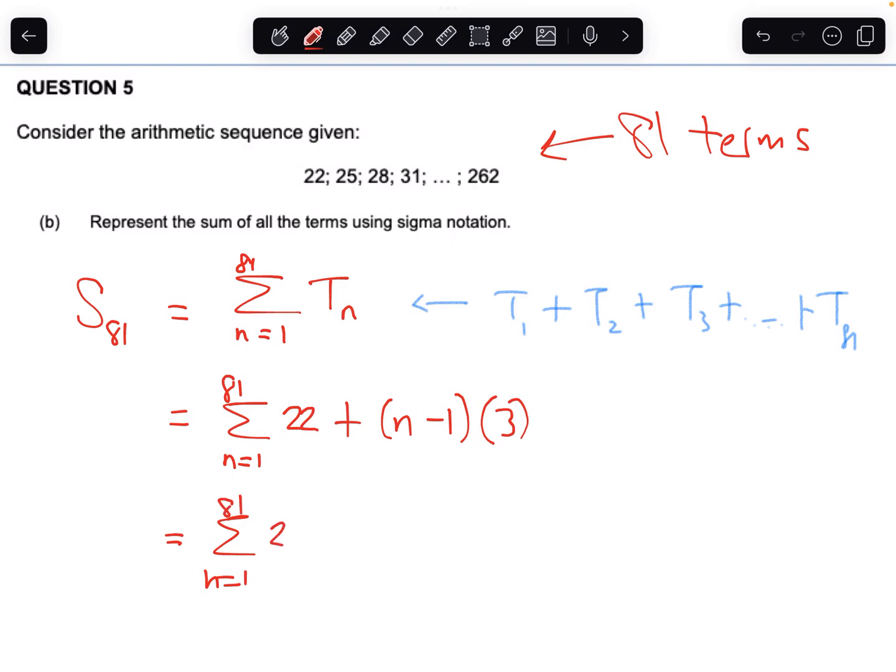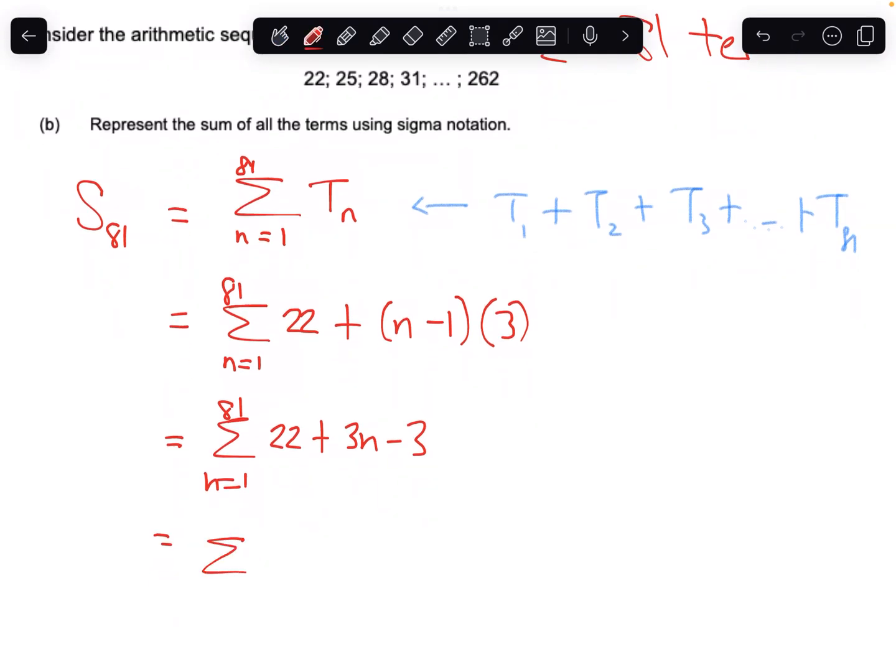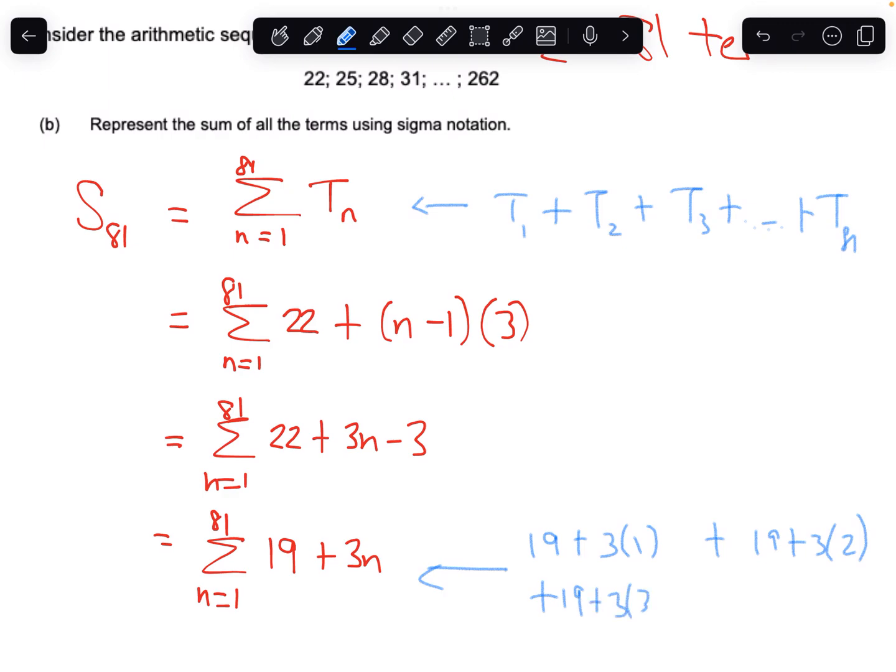That'll be 22 plus 3n minus 3, and if we simplify that even further, it will be 19 plus 3n. So what that means is the series of the first 81 terms is going to be 19 plus 3 times 1, plus 19 plus 3 times 2, plus 19 plus 3 times 3, and so it will go until eventually we get to 19 plus 3 times 81.